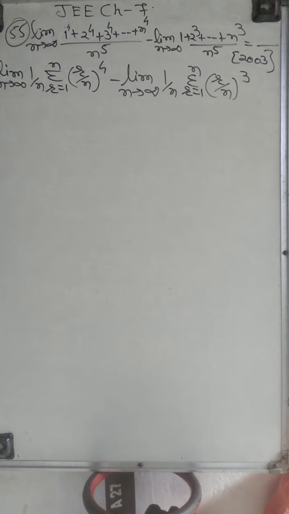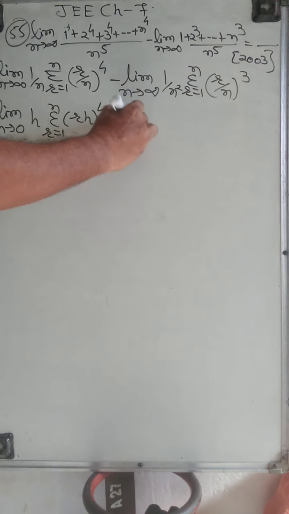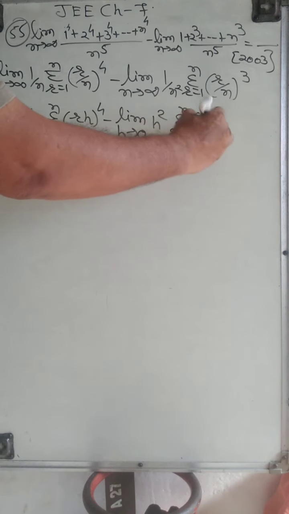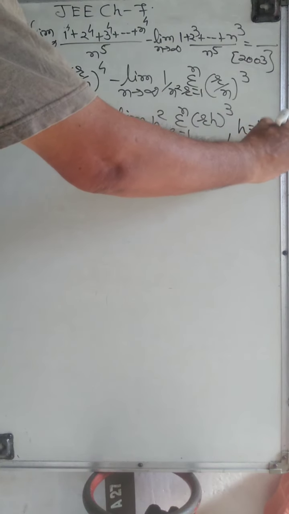And here, remember that n square is there. Now when we simplify, we get limit h tends to 0 of h sigma r equal to 1 to n of (rh) raised to 4, minus limit h tends to 0 of h square sigma r equal to 1 to n of (rh) raised to cube. Here h is 1 by n.